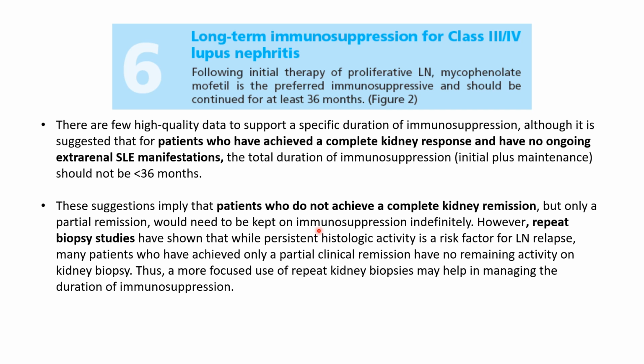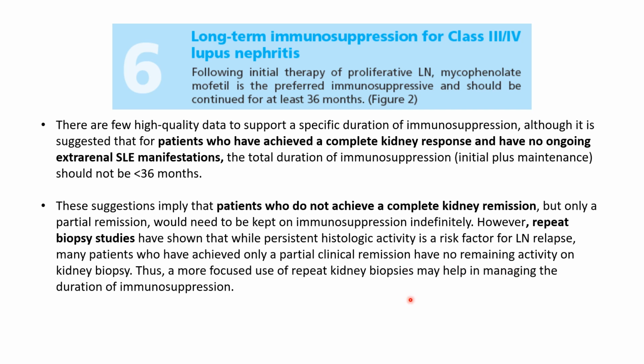Regarding patients who don't achieve a complete kidney remission and there is proteinuria, repeat biopsy studies have shown that while persistent histological activity is a risk factor for lupus nephritis relapse, many patients who have achieved only partial clinical remission have no remaining activity on kidney biopsy.